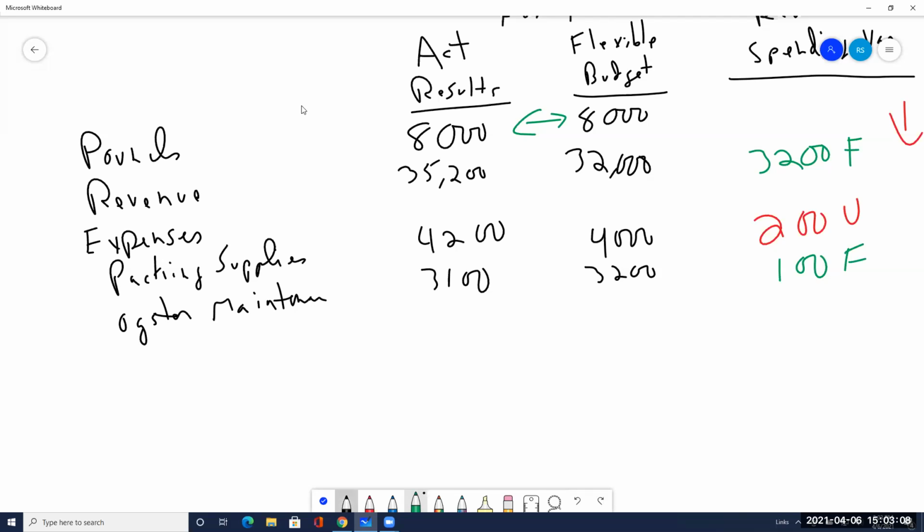And the key here is just because it's favorable doesn't necessarily mean it's always good. And you go, but expenses were less. Yes, but why were they less? And you know, $100 on 32 versus 30 may not be much.